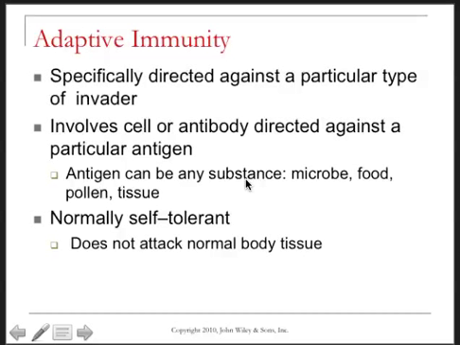This results in a selection of those particular lymphocytes that interact effectively with the invader, and their population is amplified. Basically, they're told to replicate, to duplicate themselves. And so we generate a task force that has profiled the invader, and now they're going to go out and attempt to destroy it.